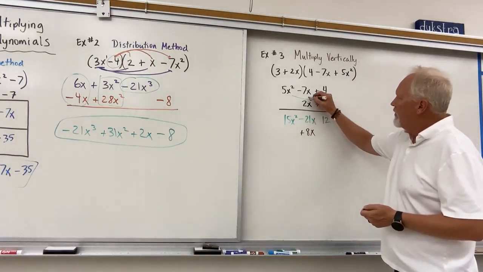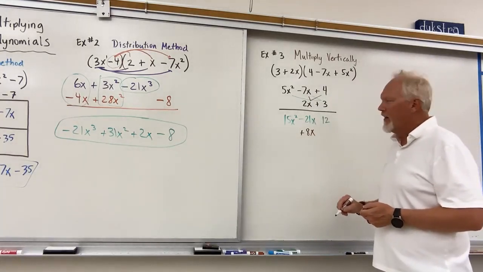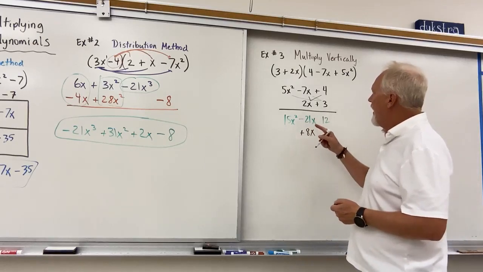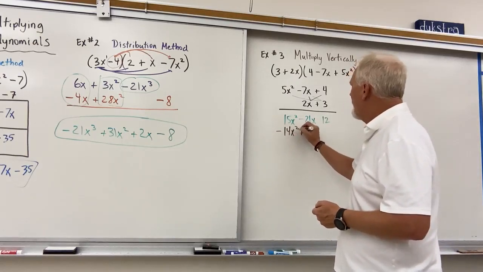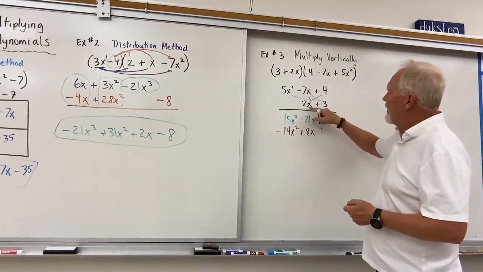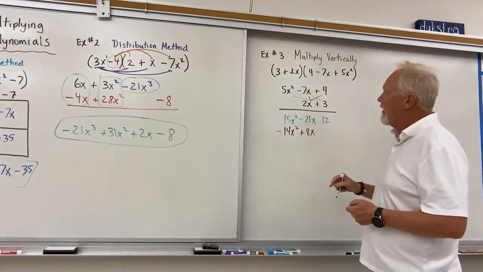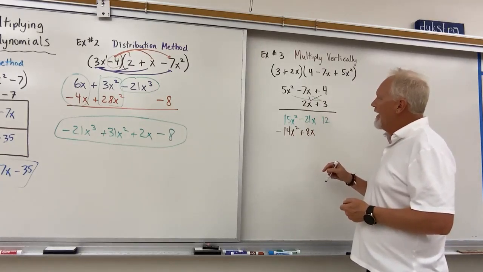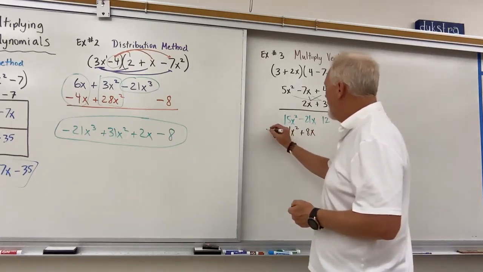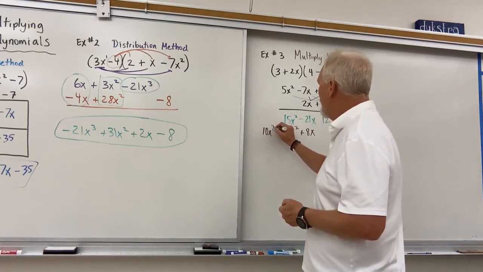And then I'll go 2x times negative 7x, which is going to be negative 14x squared. And then I'll take this 2x and multiply it by 5x squared, which is going to be 10x cubed.